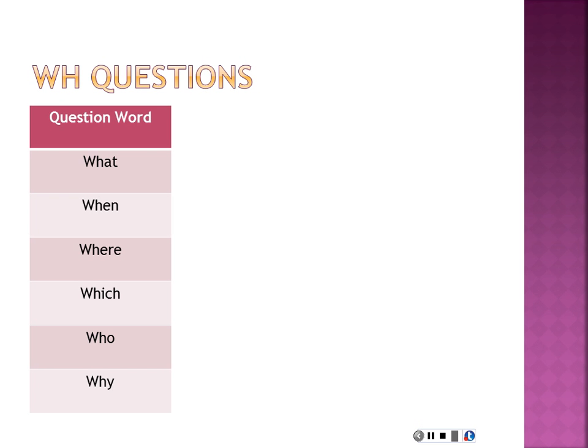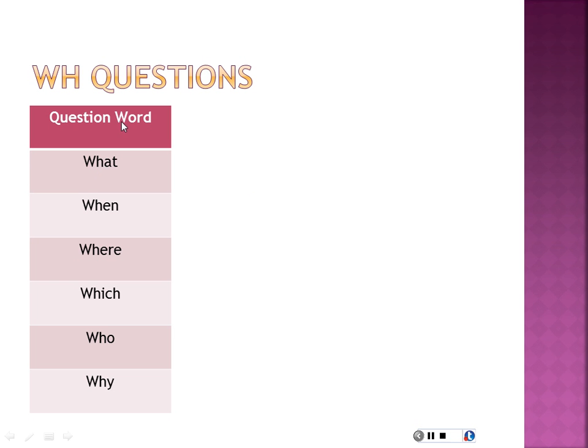I said most of them because we have some of them that do not start with WH, but they are not mentioned here. This type of question is called WH questions because the first word that we start the question with starts with WH.